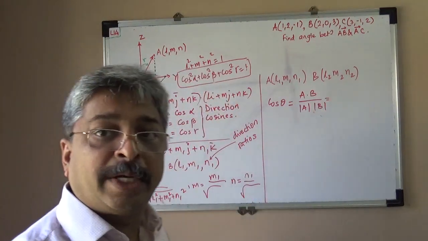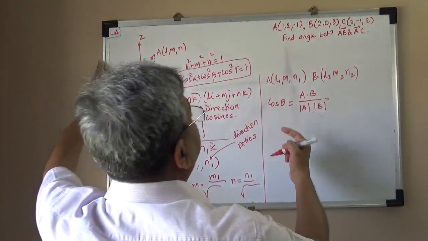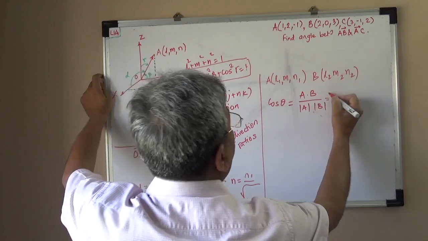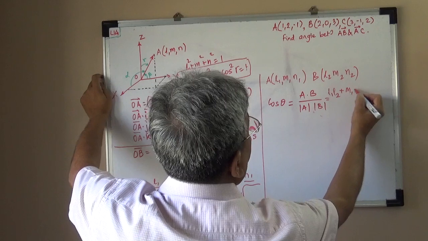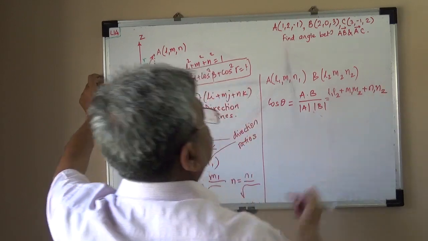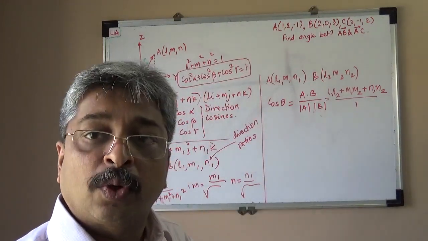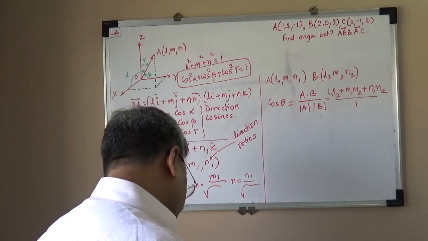So we need to take the dot product of OA and OB. You will observe that it is going to be L1 L2 plus M1 M2 plus N1 N2 upon 1, which is your cos of the angle between OA and OB.